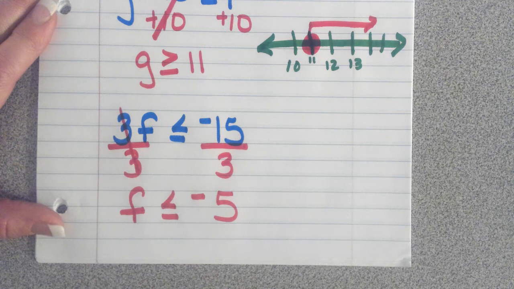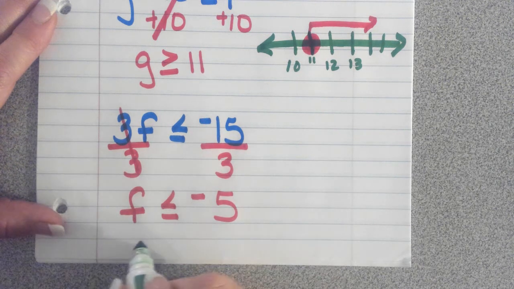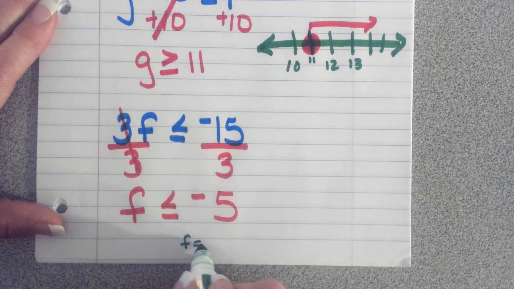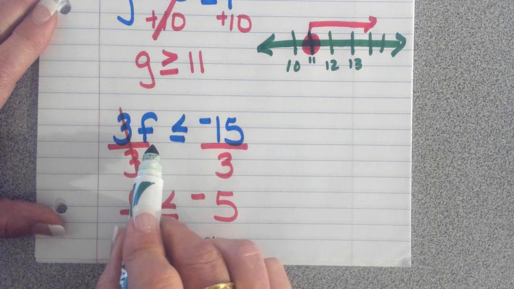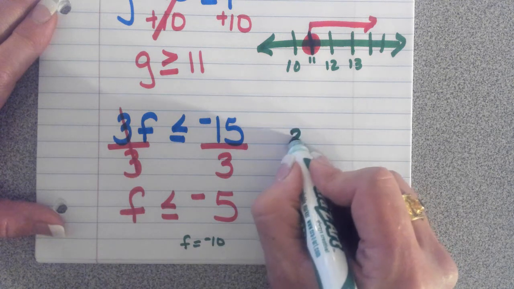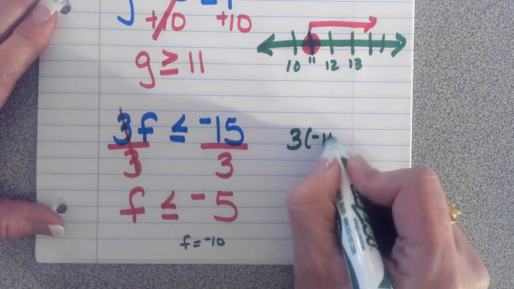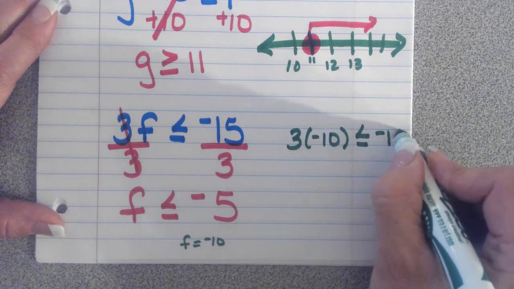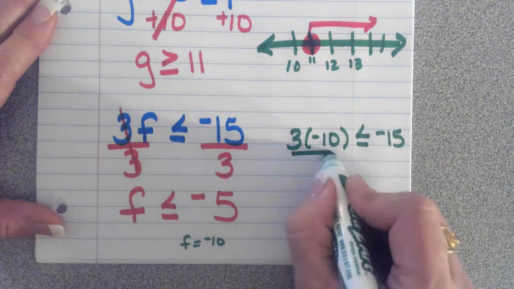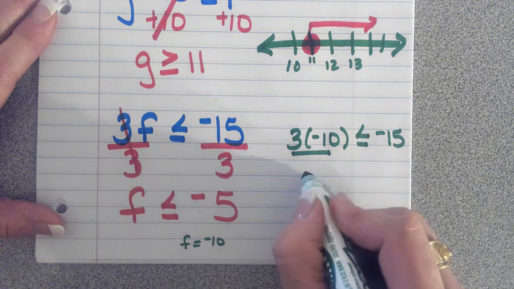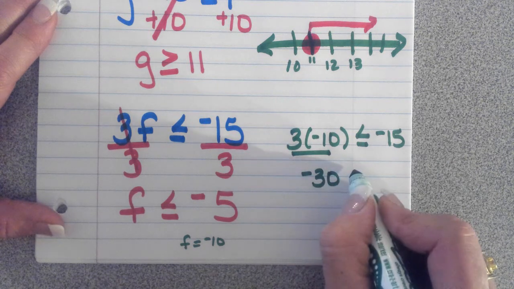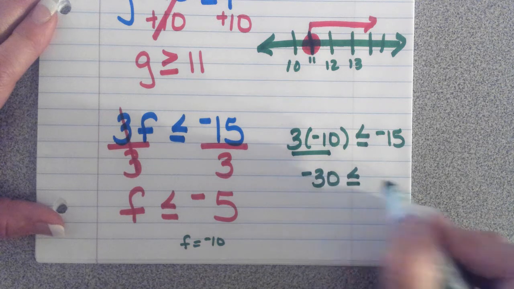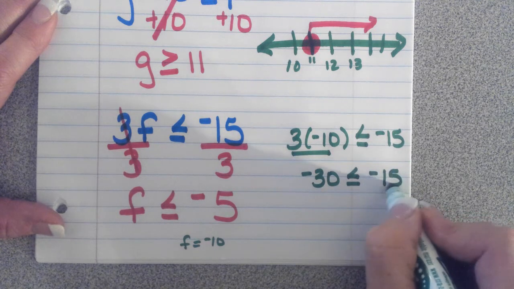Let's think of a number less than negative 5. How about negative 10? I'm going to make f equal to negative 10, and I'm going to plug that number in to my f up here. So, just to check it, 3 times negative 10 should be less than or equal to negative 15. What is 3 times negative 10? Negative 30. Is negative 30 less than or equal to negative 15?